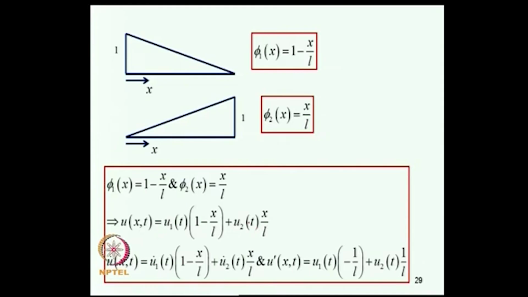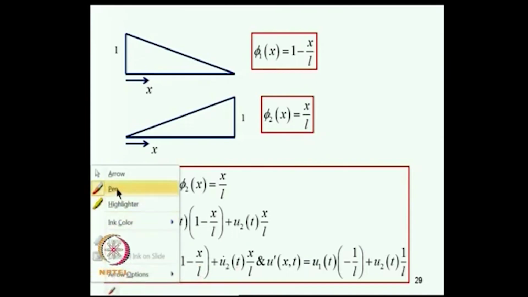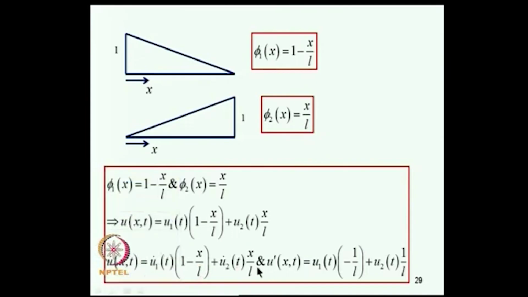Now I can find the velocity field by differentiating this with respect to time. I will get u1 dot of t into this, u2 dot of t into phi 2 of x. Similarly, I can get the derivative with respect to x, this will be this.